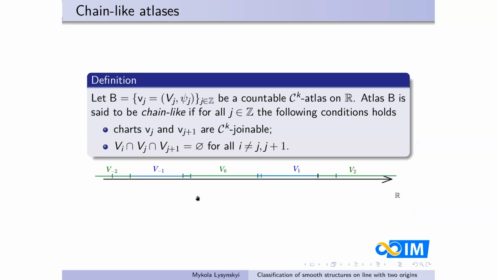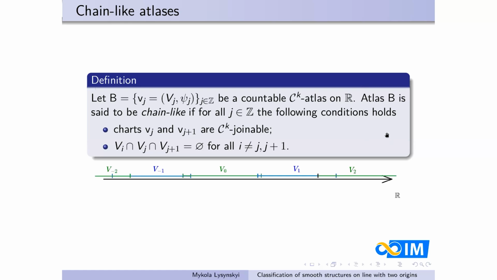Then another definition. Suppose we have a countable C^k atlas on R, or any one-dimensional manifold. Here I will refer to the theorem of Milnor that says that, up to diffeomorphism, the connected Hausdorff second countable one-dimensional manifolds are only R and the circle S^1.